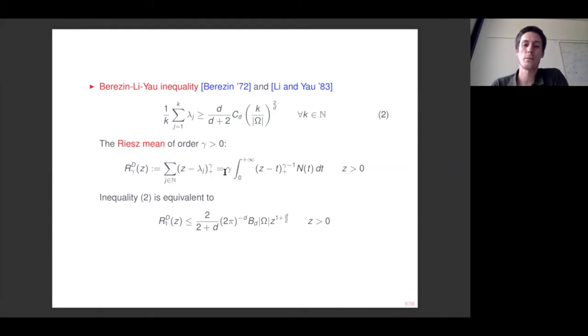It is also possible to show that it can be represented as a suitable integral of the counting function. And by Legendre transform, one easily sees that bounds for the eigenvalue averages are equivalent to reverse bounds for the first Riesz mean, and in particular the Berezin-Li-Yau bound reads in this way for the first Riesz mean.